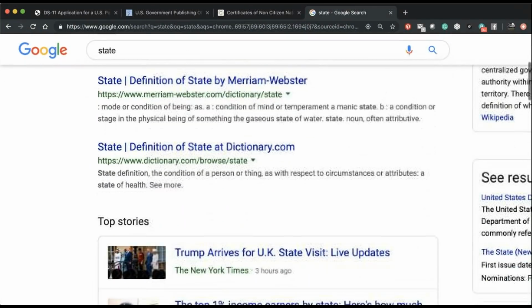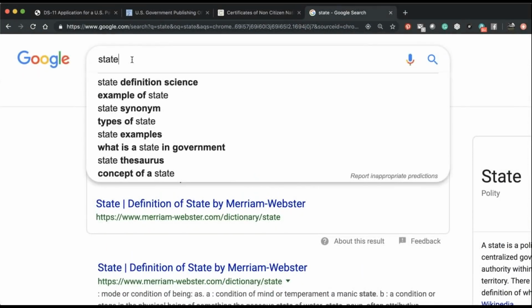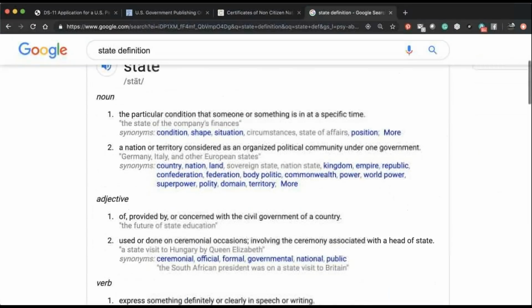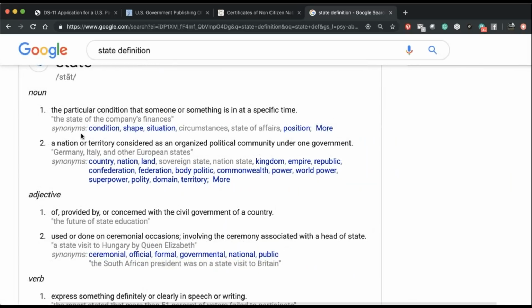State definition. It's not pulling up my regular state. All right, here. See, it says the first meaning of state is a particular condition that someone or something is in at a specific time: condition, shape, situation. So this applies to you also. You've got to let them know what your status is, what your condition is, what your situation is. But the second meaning of state is a nation or territory considered as an organized political community under one government.